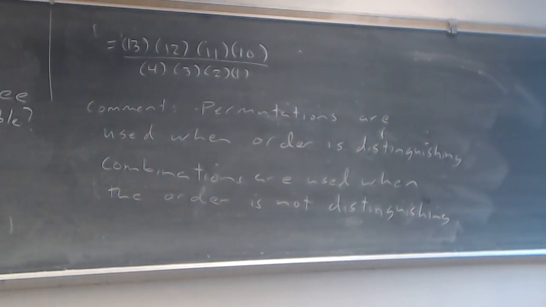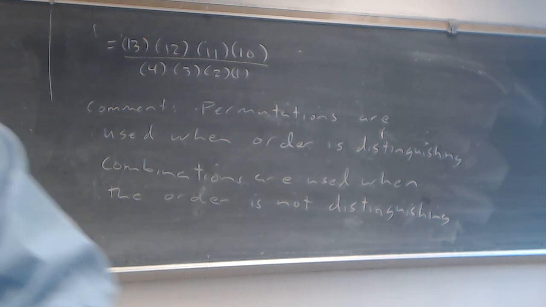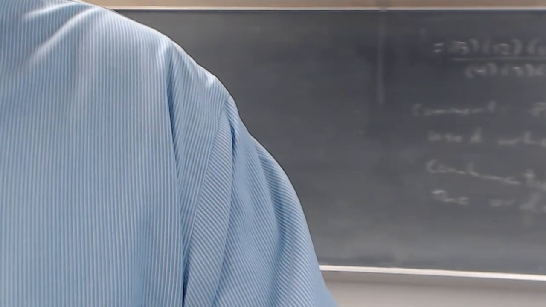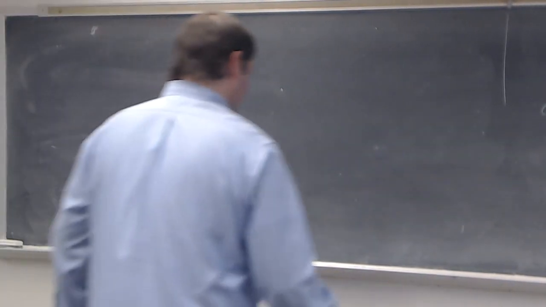Okay, what I want to conclude with is going back to our probability. So that was a quick bit of information about counting techniques. I just want to list a little bit about some axioms of probability, some properties of probability.